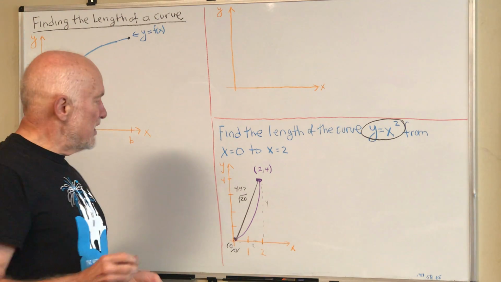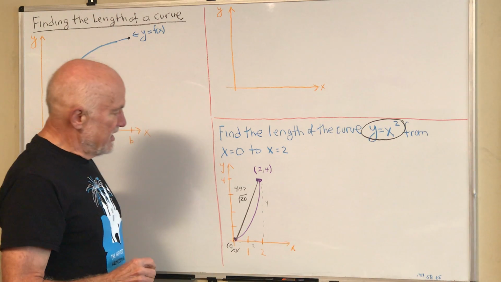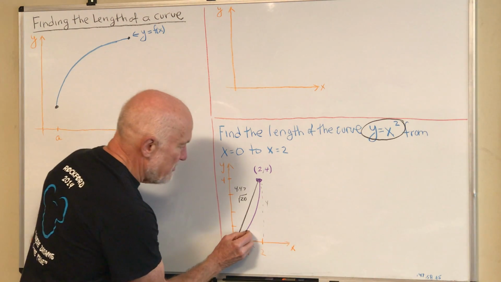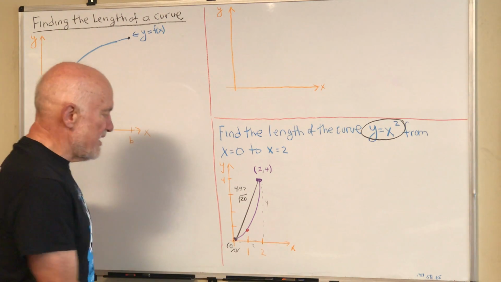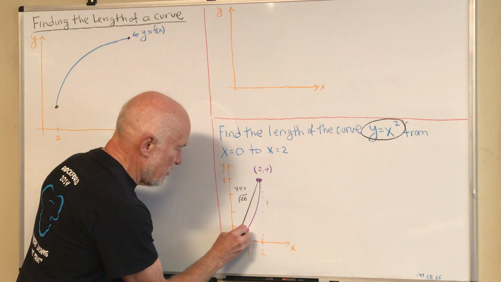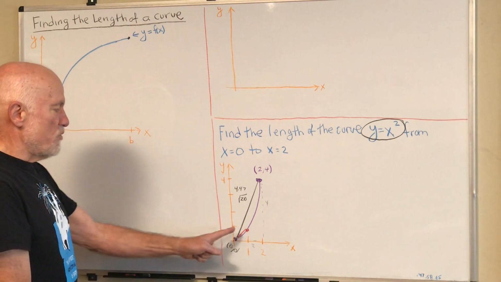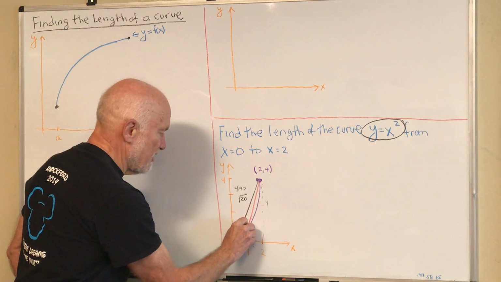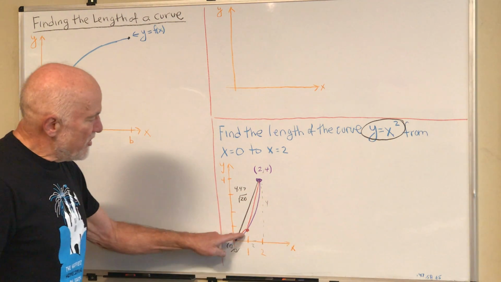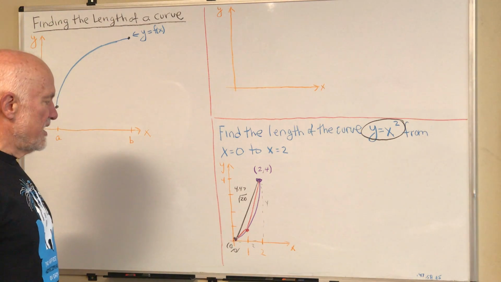We can make a pretty good estimate. Now if we wanted to do a little bit better than this straight line, what could we do? We could use the Pythagorean theorem twice. We could go from (0, 0) to (1, 1), and then from (1, 1) up to (2, 4). I think you can see that would be a better representation of y equals x squared.